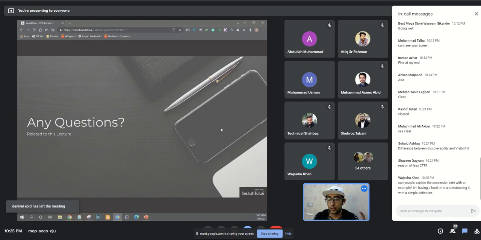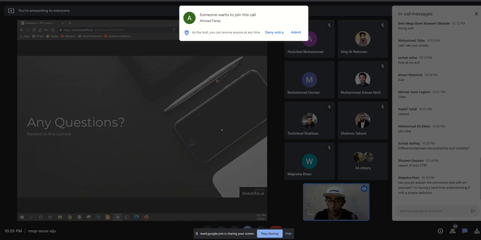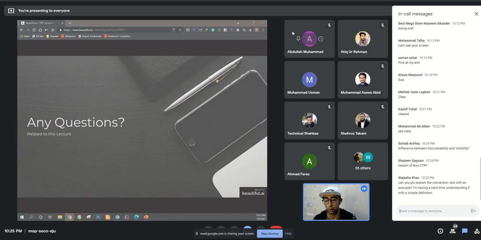The CTR is based on the placement. The top of search placement, which we just showed you, has a higher CTR. A lower CTR is often caused by product page placement because you have a lot of options there, and there are other things you can improve on your listing to get a higher CTR as well.